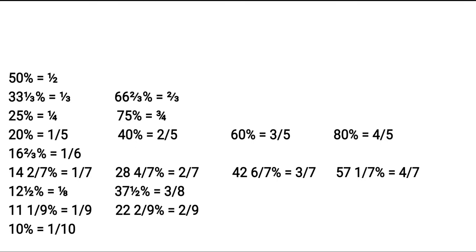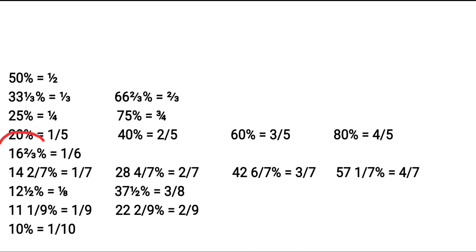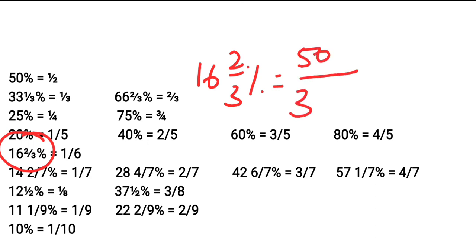Now if you forget at the moment and you really don't know the percent value, this is not even difficult. For example, 50% is actually 50/100. If you simplify this, you will get 1/2. So it is very simple. Okay, let's take 16 2/3%. It is 16 times 3 is 48 plus 2, 50/3, and because of this percent we will put 00 here, and if you simplify you will get 1/6.